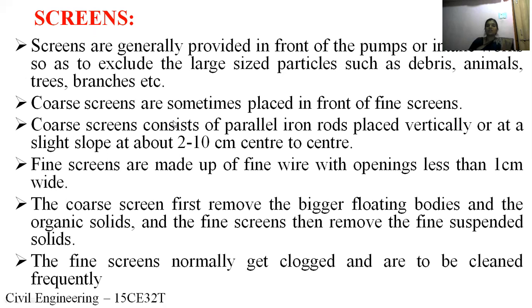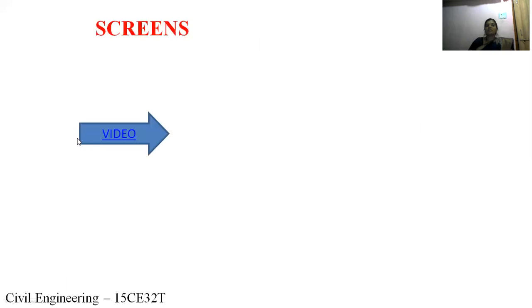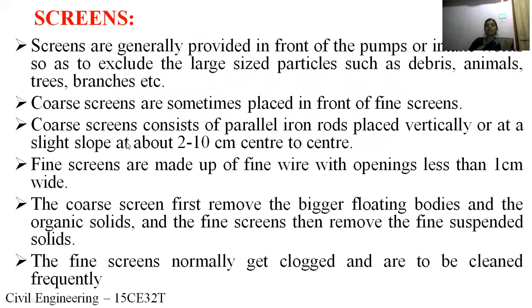Coarse screens consist of parallel iron rods placed vertically or at a slight slope at about 2 to 10 centimeter center to center.